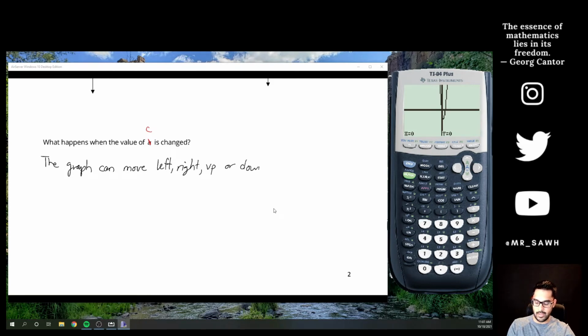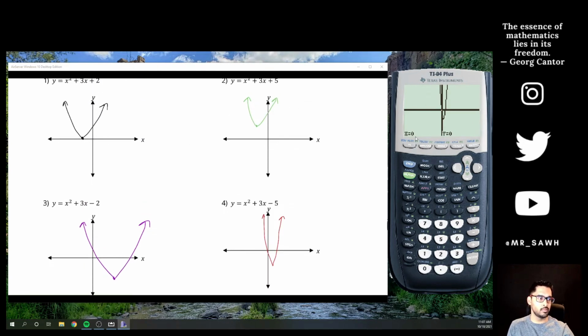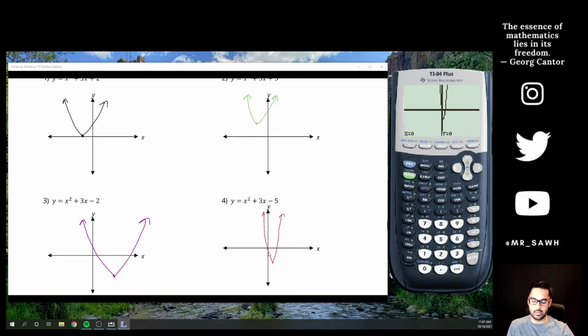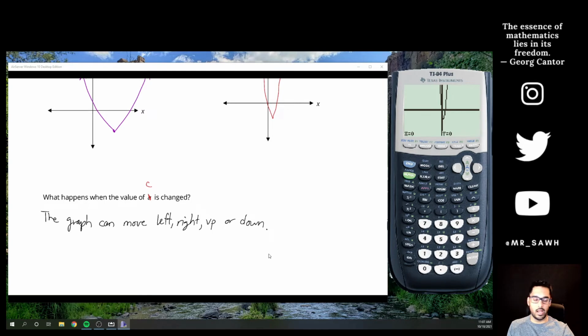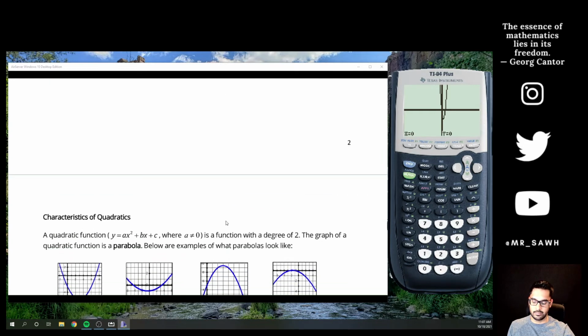We really don't have a set way to know which way we're going, right? Originally I had the black one, and then, you know, the green one I moved up, the purple one I moved right, the red one I moved down quite a bit. So there's really not a set way right now which we're going to be able to tell which way it is we're going. Okay, there is a way, but with the information as we're just starting out, really we're just looking at the graphs and the equations and seeing what happens. So I don't really know right now what it really controls, but it does move it around quite a bit.